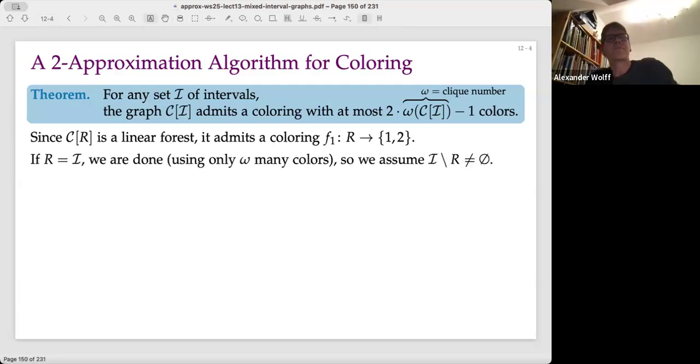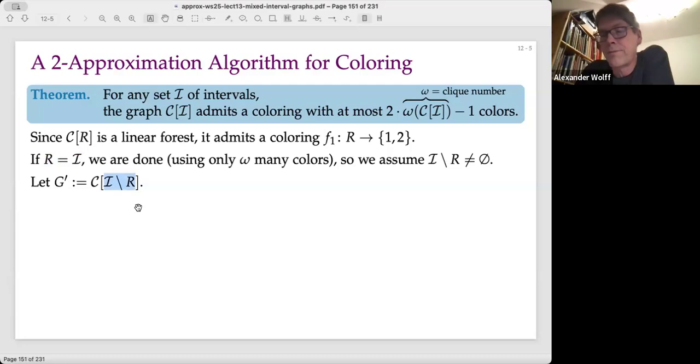And if our set of intervals just consists of these intervals in my set R, then we are done. So let's assume that this is not the case, and let's look at the remaining intervals, the intervals that are not in the set R.